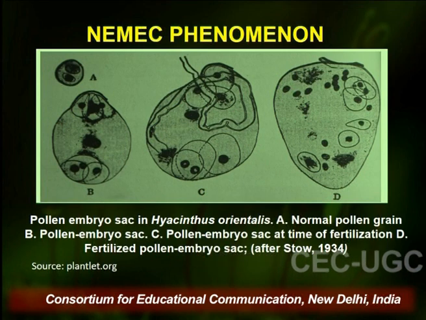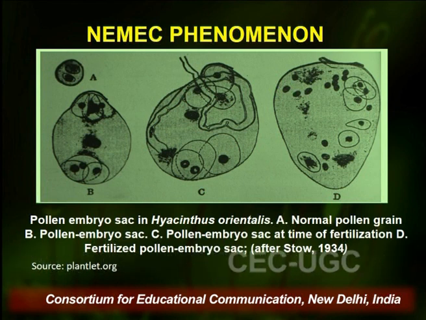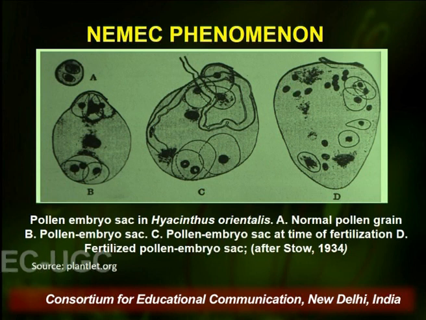You can see here in A a small pollen grain which is a normal pollen grain. In figure B, there is an enlarged version of the same pollen grain, and there is formation of a pollen embryo sac after the single vegetative nucleus has undergone 3 mitotic divisions.